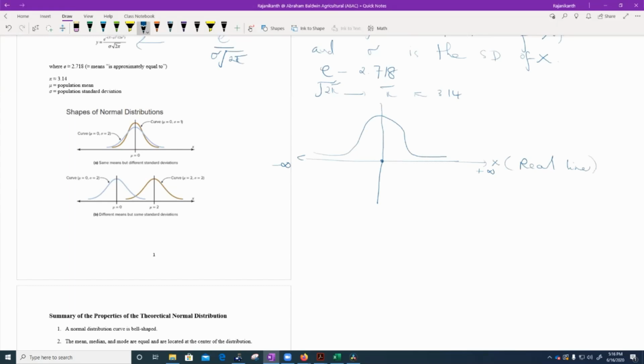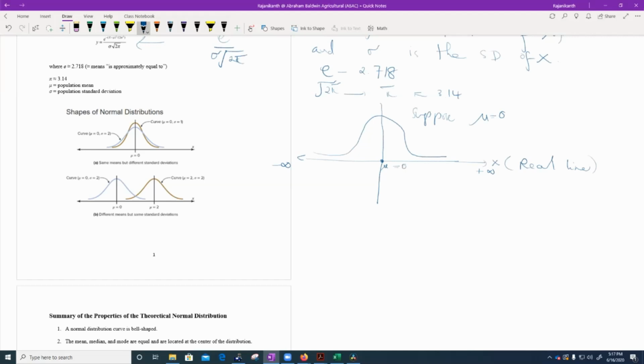So my curve is now a continuous curve. The midpoint of my distribution curve is nothing but the mean point. Suppose mu is 0, that means this value is going to be 0.